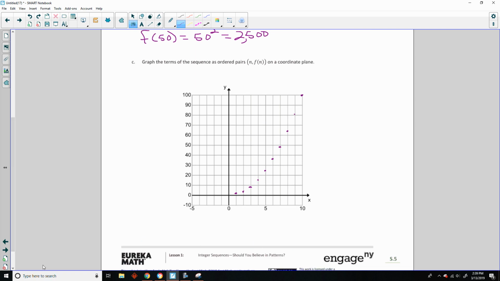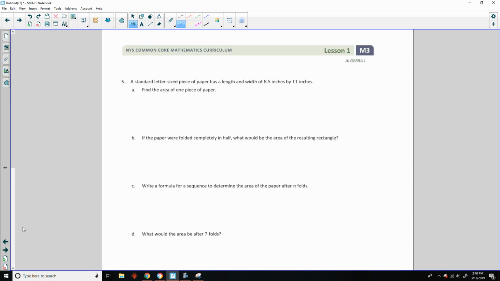And there's our graph. So that looks like a parabola, since it's an x squared quadratic, or a degree 2 polynomial. It looks like a parabola on the right side.